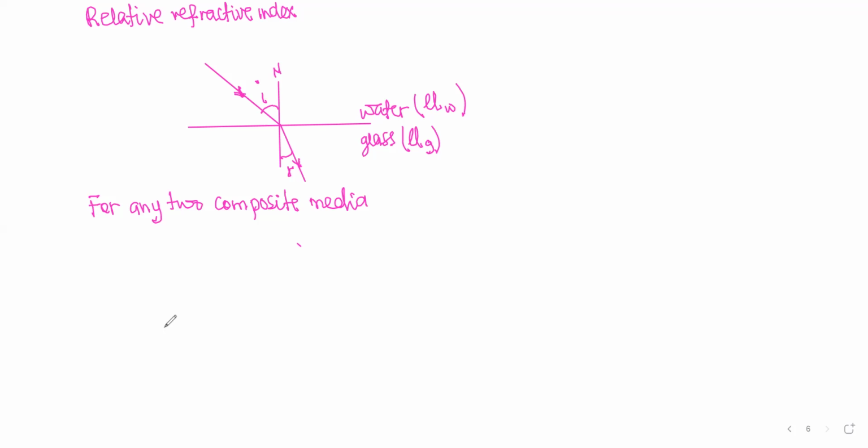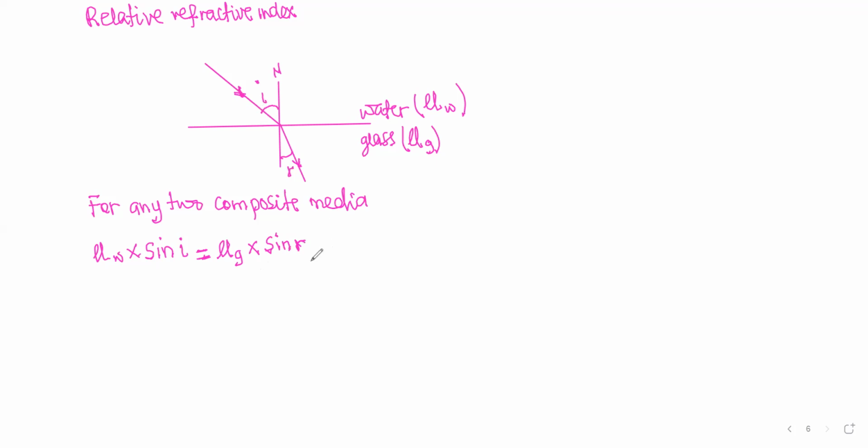So for any two composite media, the absolute refractive index of the first medium, mu W, multiplied by the sine of the angle of incidence in that medium, must be equal to the product of the refractive index of the second one, mu G, and the sine of the angle of refraction in that second medium.